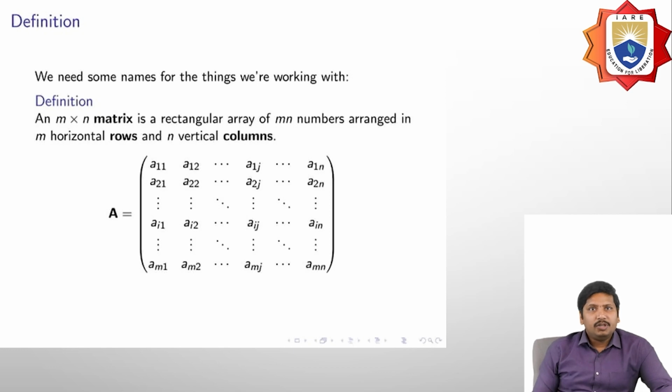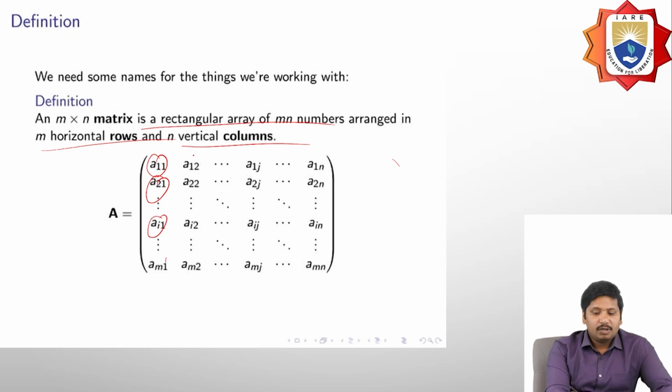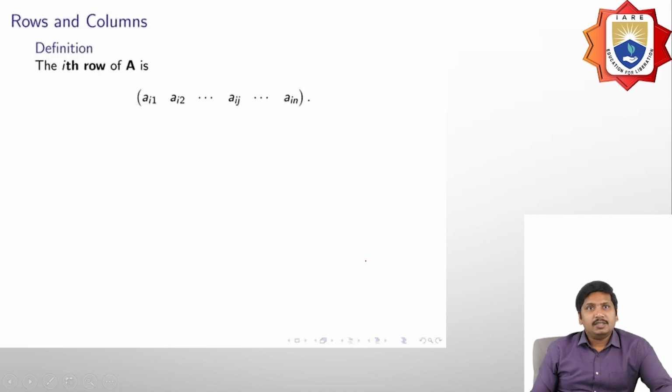So how can I define this matrix? A matrix is nothing but a rectangular array of elements arranged in m horizontal rows and n vertical columns. So here the matrix is A11, A12, A21, A22, and so on up to Am2. Like this we create the matrix here.